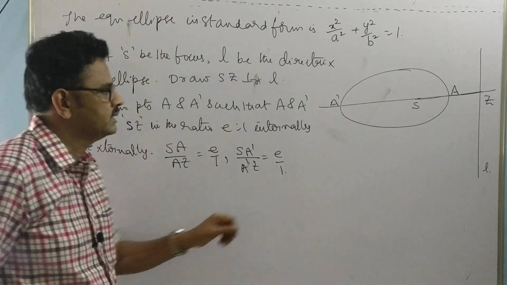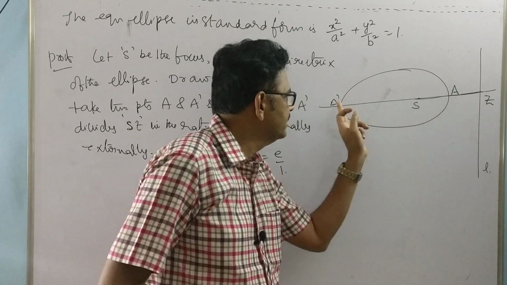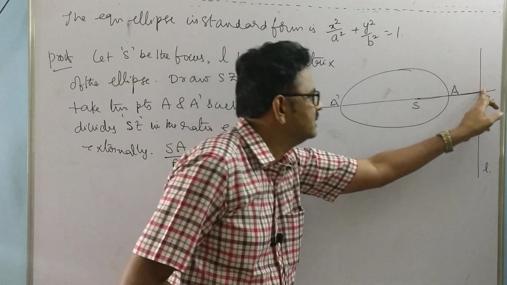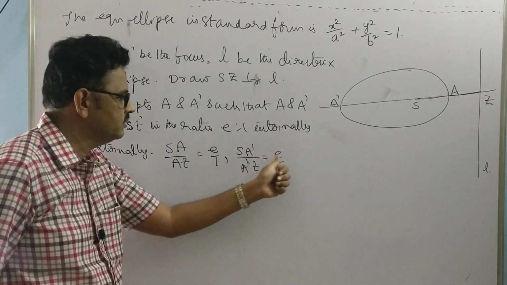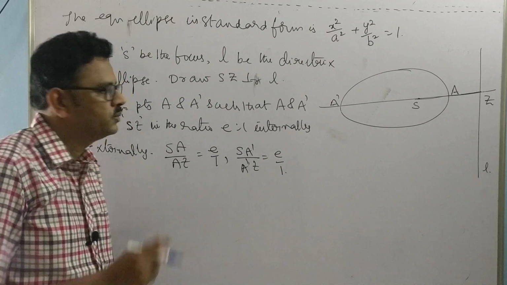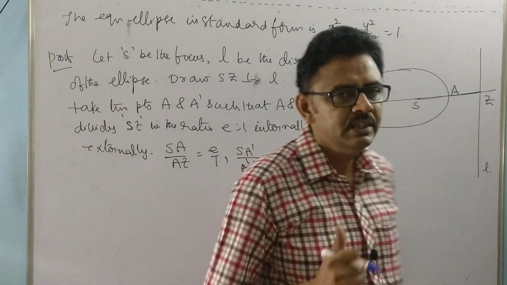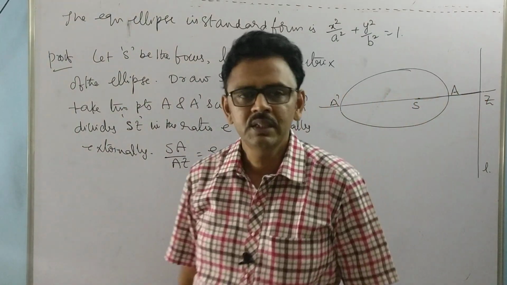So two points A and A dash divide SZ in the ratio E:1 internally as well as externally.